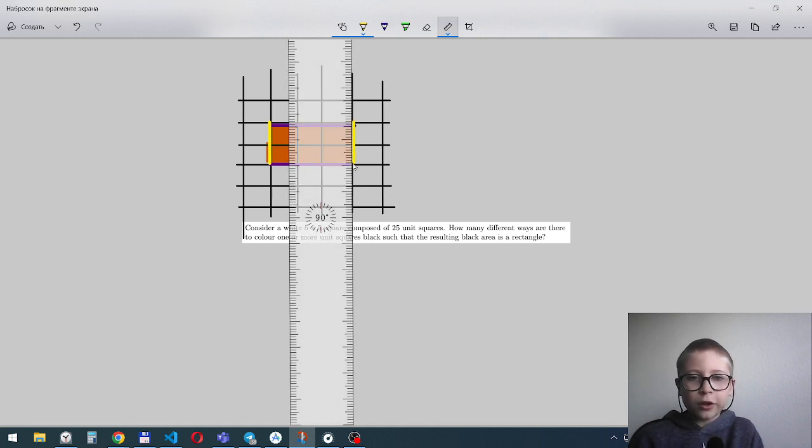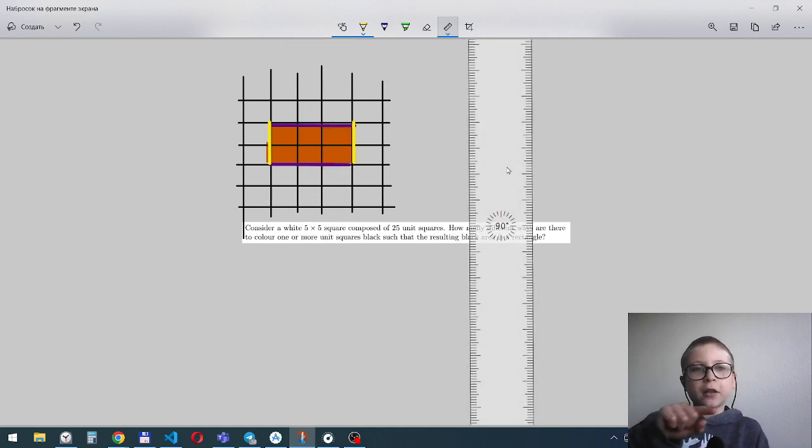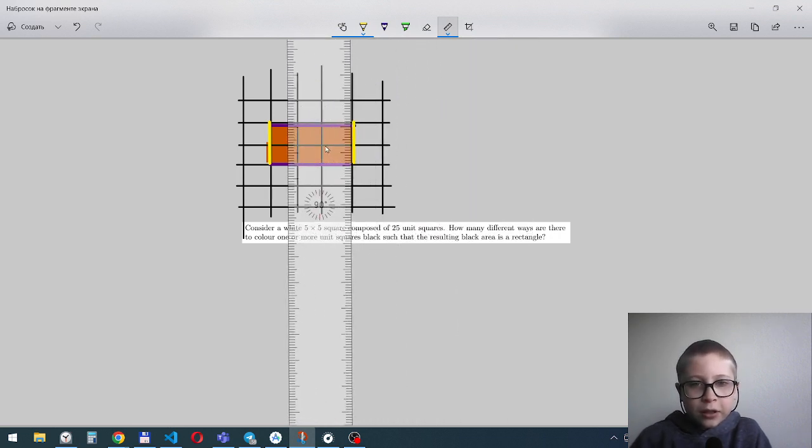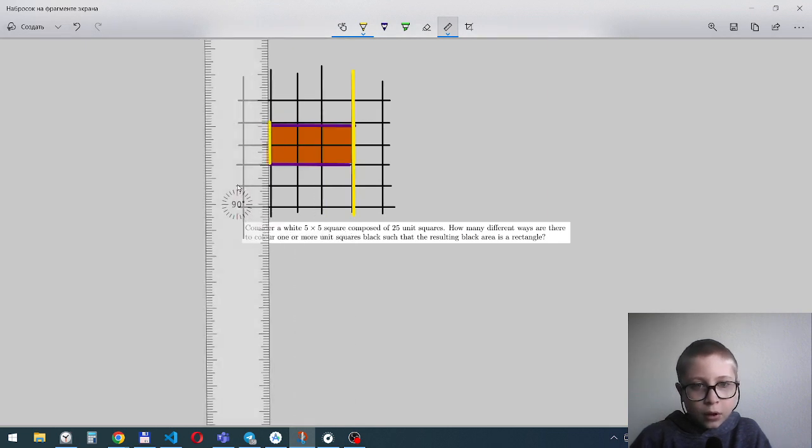So we're gonna define the borders of the colored area, and using these parameters, we can define which area we color. Actually, it's gonna be not segments, but whole lines.